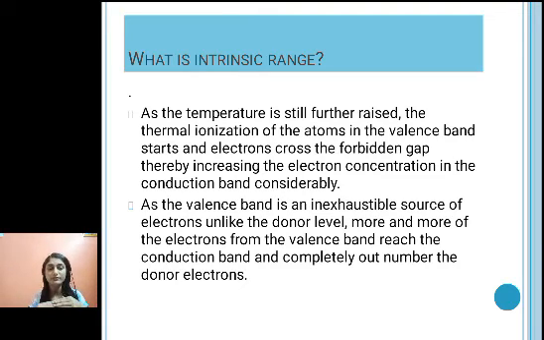Now the valence band is an inexhaustible source of electrons, unlike the donor level. In the donor level, the number of electrons depends on how much impurity you have added. But in the valence band there are a very large number of electrons. More and more of the electrons from the valence band reach the conduction band and completely outnumber the donor electrons. So that is what intrinsic range is.